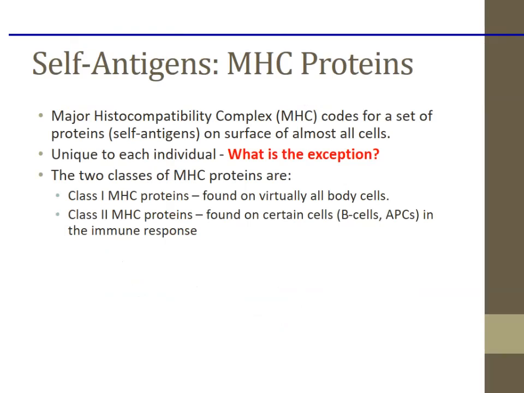And then there's this MHC complex that we're going to talk about. Basically, it says a set of proteins, which is true, but where do proteins ultimately come from? Who can answer that from AP1? Further back.